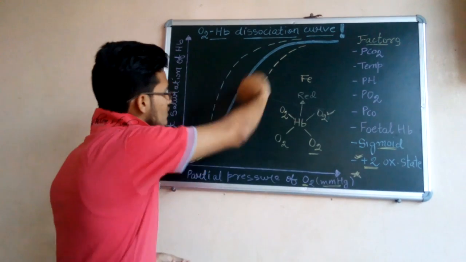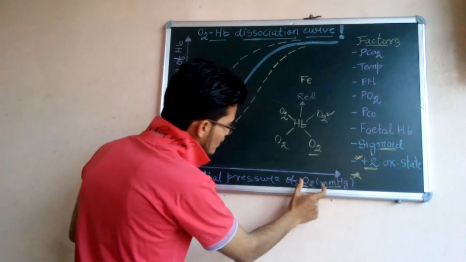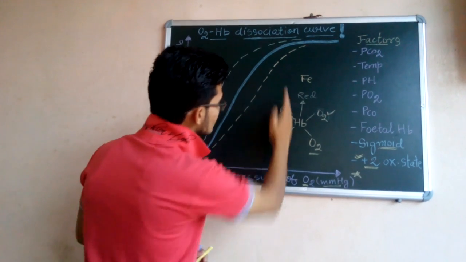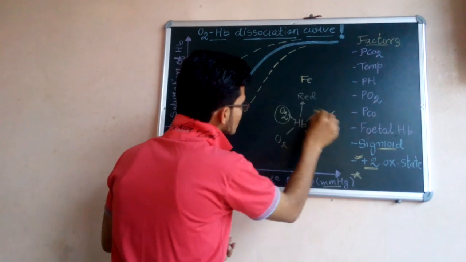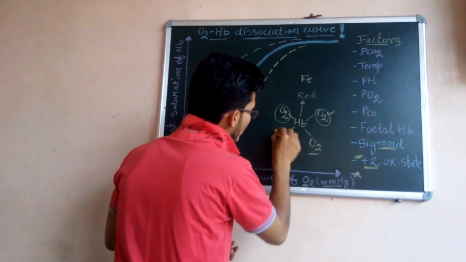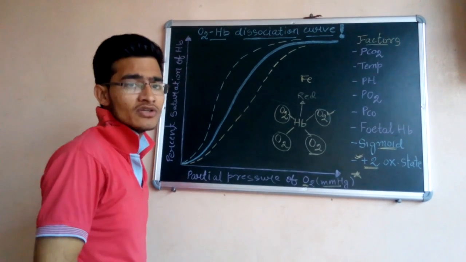So the graph is sigmoid, and when we increase the partial pressure of oxygen, after a certain time the graph saturates, because all the 4 positions are already occupied by oxygen molecules in a particular hemoglobin molecule.